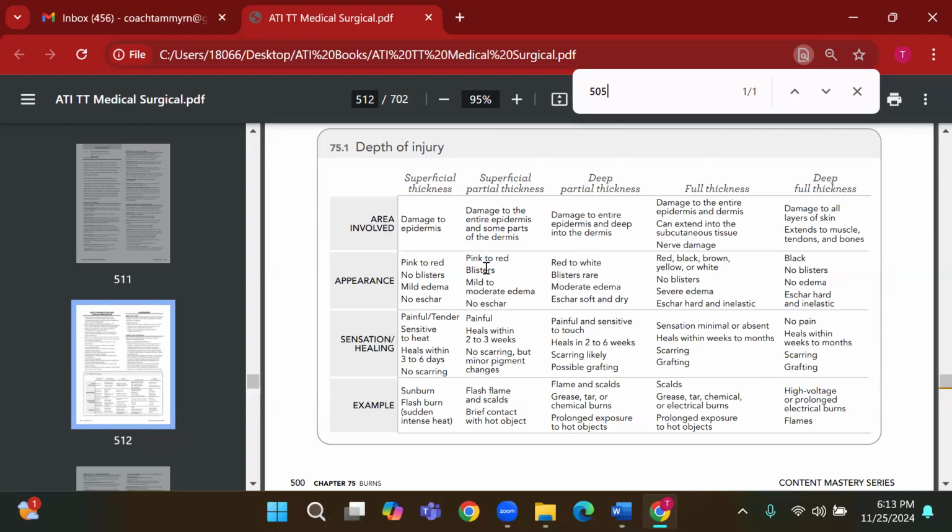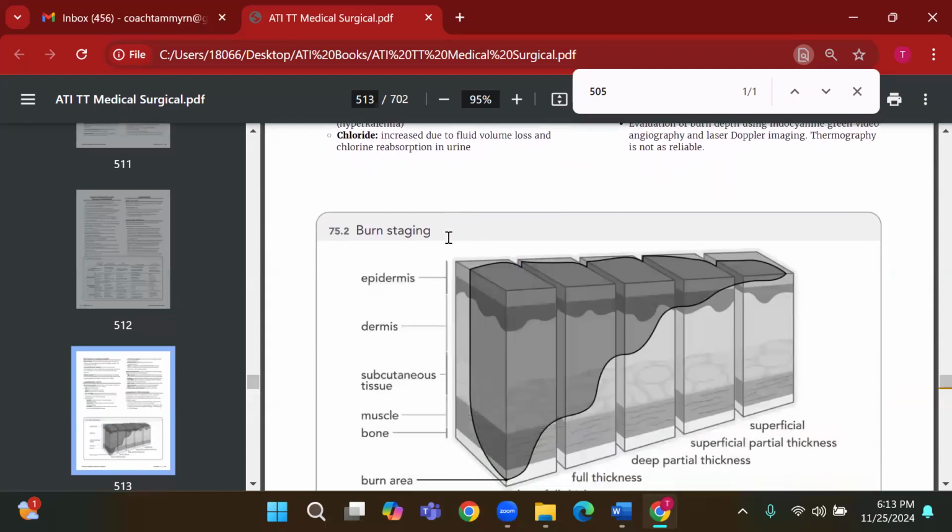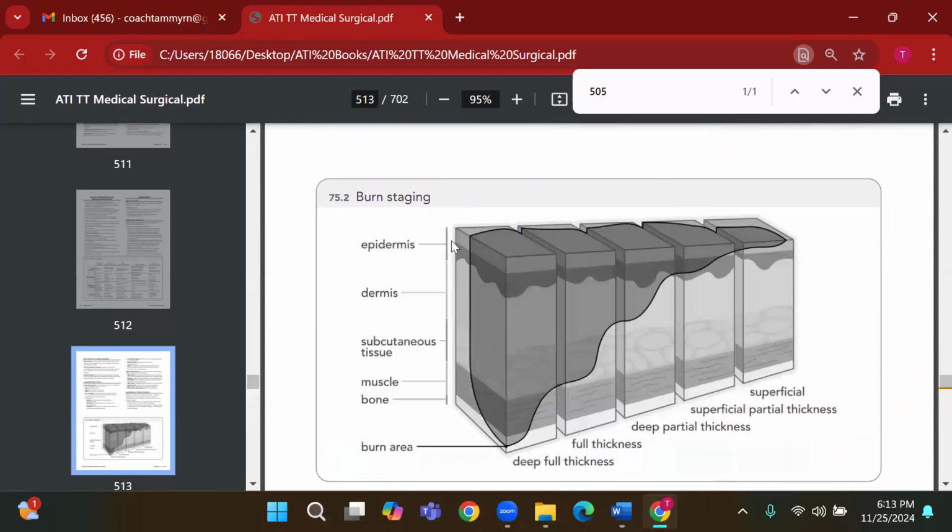One of the things that you will see in a superficial thickness burn is that there's just damage to the epidermis. And I want to point out, right here, it separates the layers of skin for you, which is kind of good. So in that superficial one, there's just damage to this top layer, this epidermis layer. Then there will be damage down into the dermis and to the sub-Q tissue and then the bone and the muscle. So we're going to classify it as, look at this.